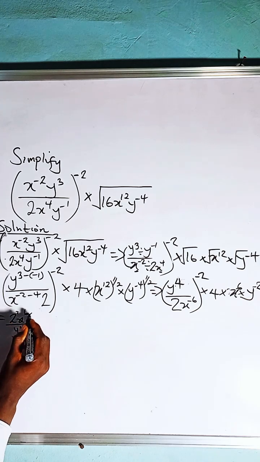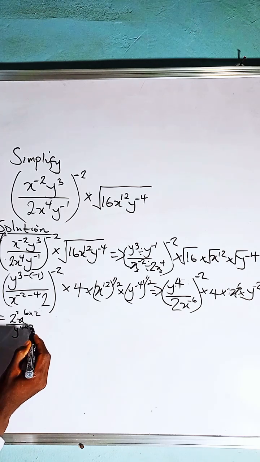These exponents multiply by the new exponent on the outside, so we multiply by 2 as well.